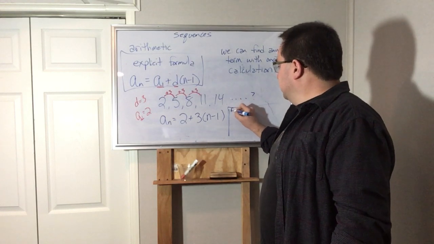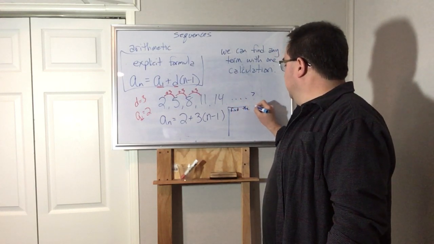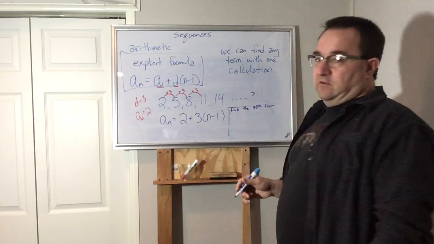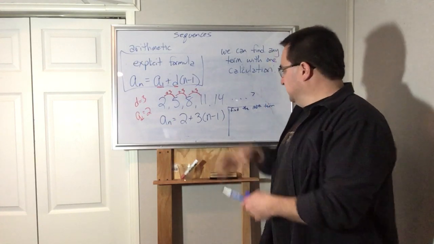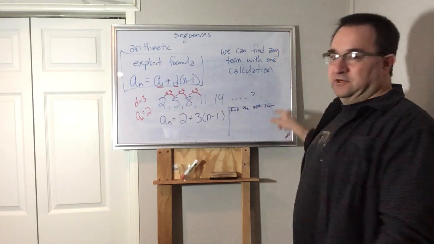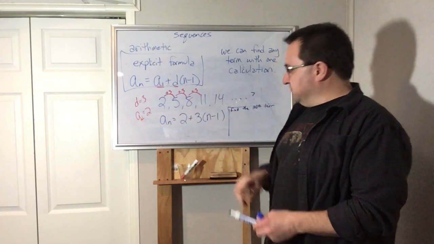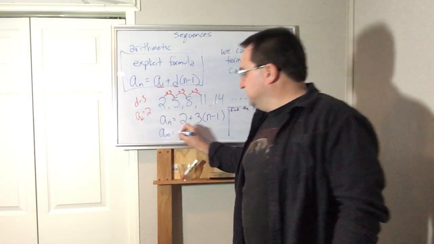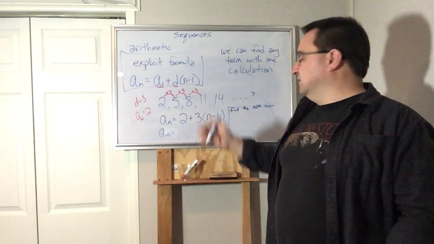I could say, find the 100th term. Now, I probably wouldn't want to actually list them. You know, this is the first, second, third, fourth, fifth. That's a lot of terms to do. That's what this formula is good for. If I want to know the 100th term, I don't have to sit there and figure it out.